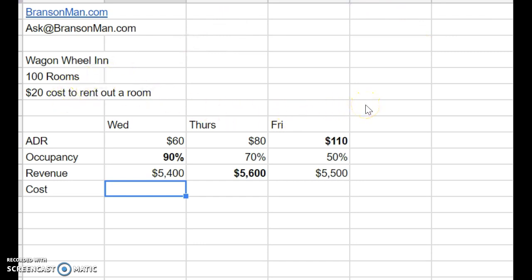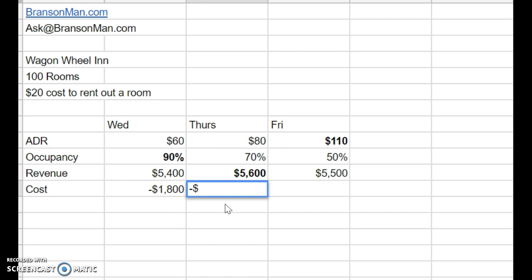When you take 90 rooms times $20, 9 times 2 is 18. 90 times 20 is $1,800. Now the cost is a negative word, and it is not necessarily correct to put a negative cost, but I just want you to see that we're taking it out there.